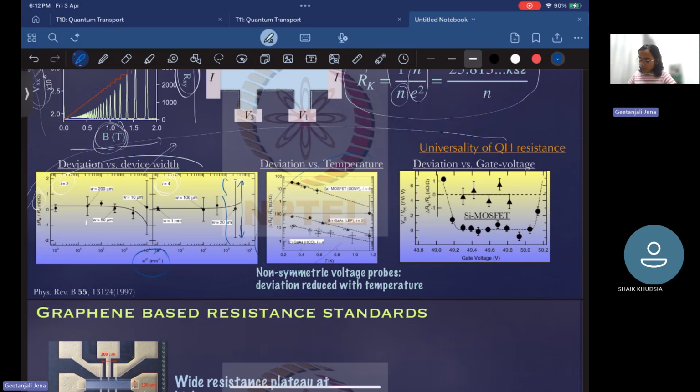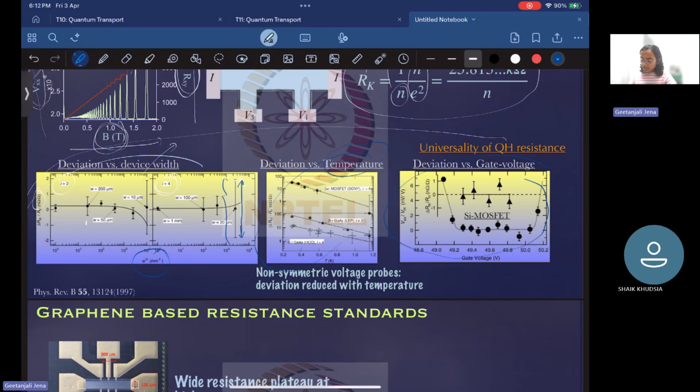And in the second plot, we vary the temperature for MOSFET based devices. From this plot also, we can see the same observation: the errors are in the order of nano ohm per ohm. And we can see the same when we vary the carrier concentration by varying the gate voltage.